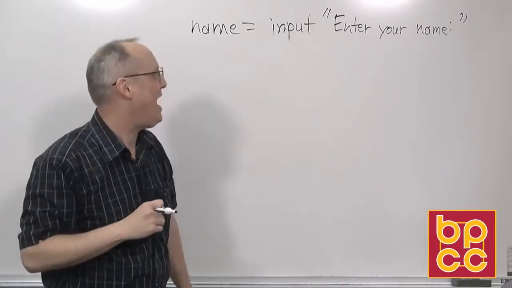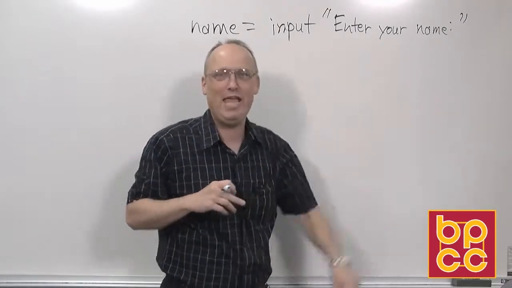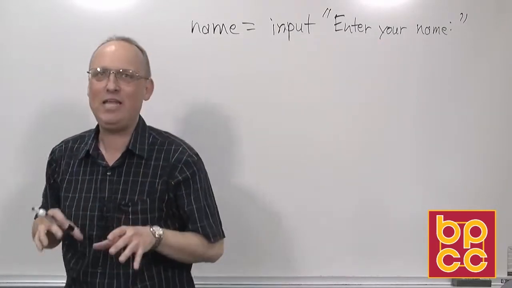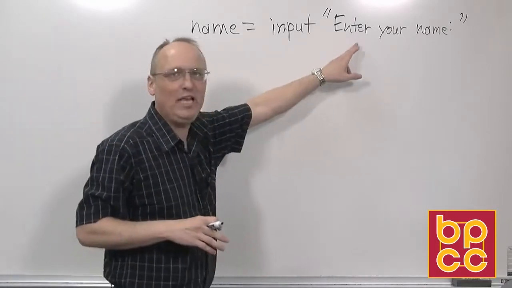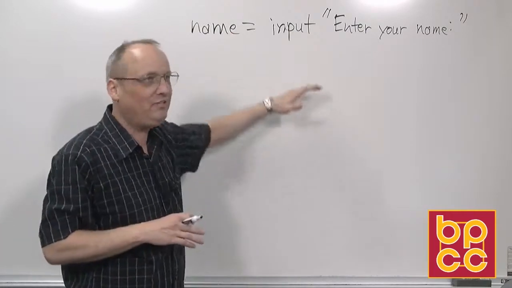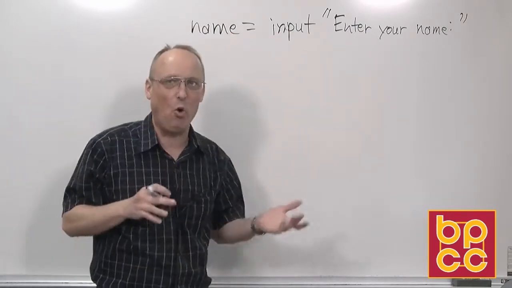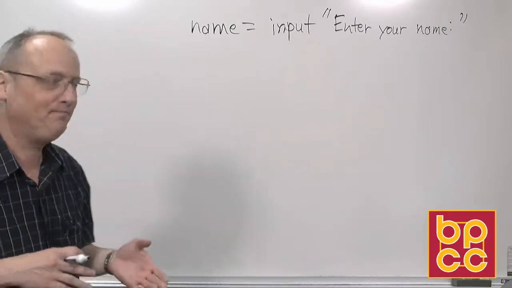So in this command, I'm performing an input. I prompt them, enter your name, and then whenever they type in at the keyboard and hit enter, whatever they type in will get put into the variable name. Now this is okay for inputting just an ordinary text that will be stored as a string.